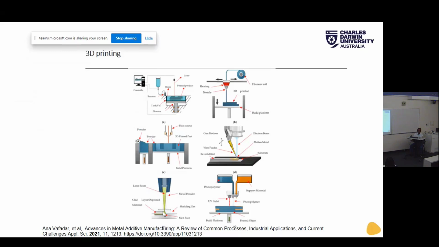Of course, you can have larger sizes, but it may not fuse all the way through. So the laser beam is used quite extensively. It's called selective laser melting. You can also use an electron beam for that, but if you use an electron beam, then it needs to be in a vacuum, whereas with the laser, you don't really need to have that in a vacuum.